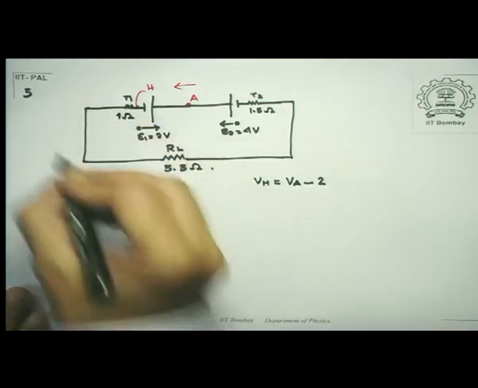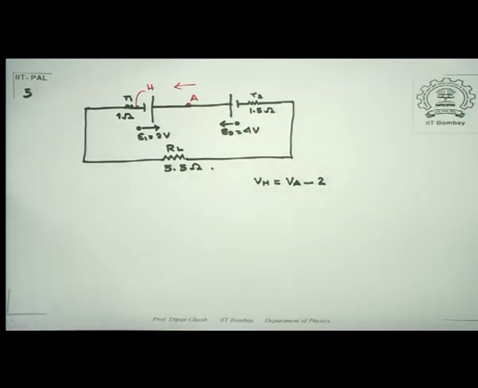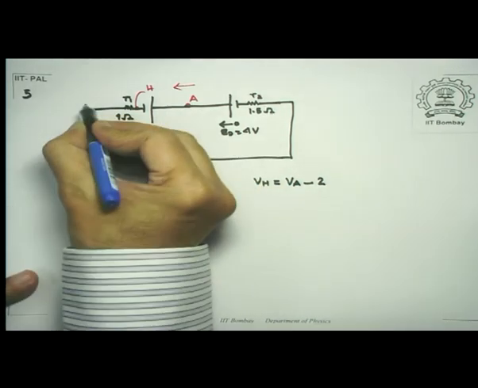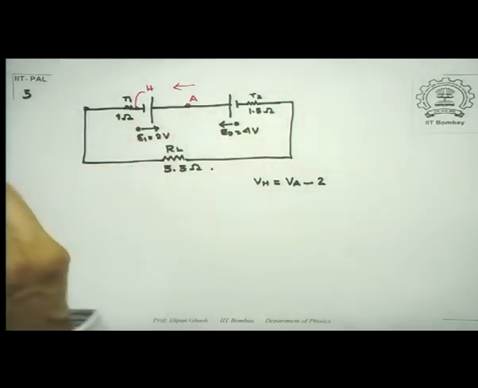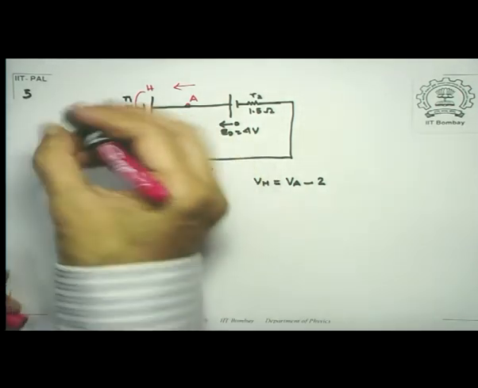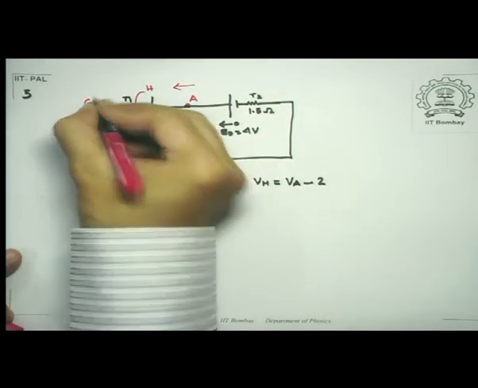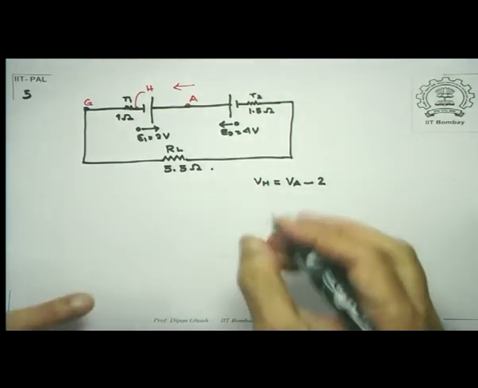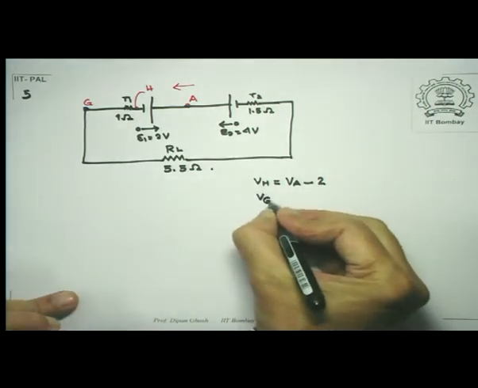Having done that, let's go to another point. Across the internal resistance, let's call this point G. Now what about Vg?